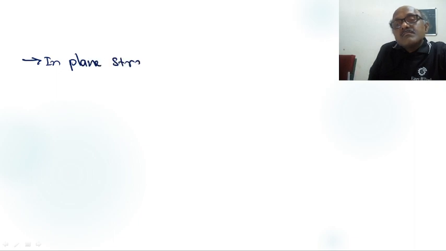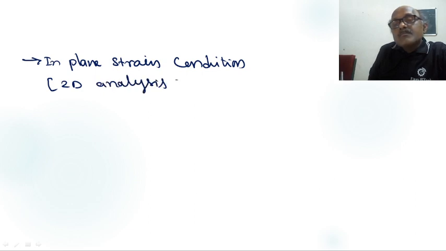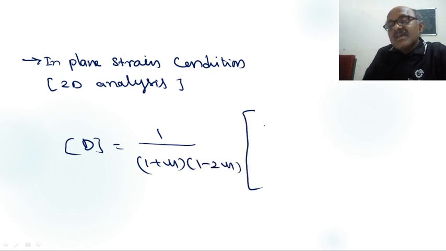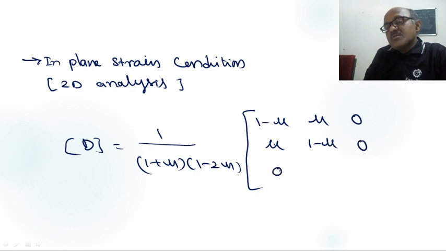In plane strain condition, that is in 2D analysis, the D matrix is given by E by 1 plus mu into 1 minus 2 mu, times 1 minus mu, mu, 0; mu, 1 minus mu, 0; 0, 0, 1 minus 2 mu by 2.